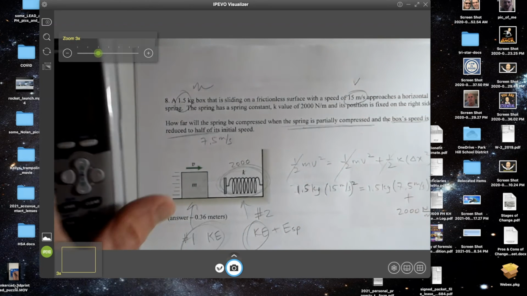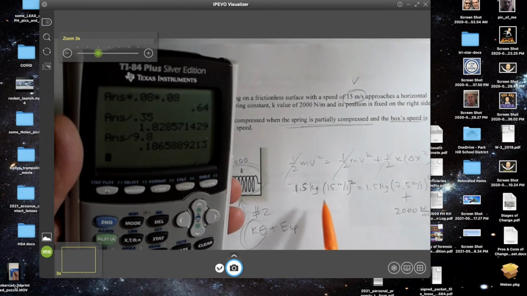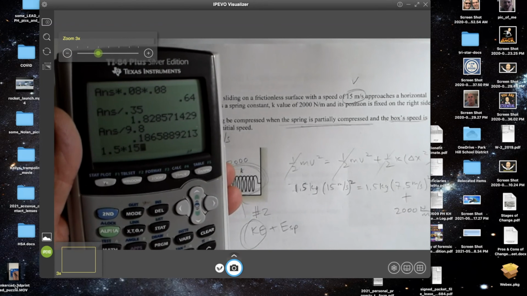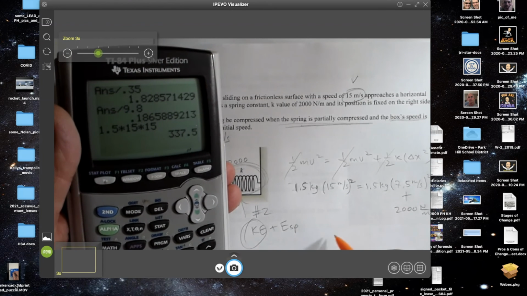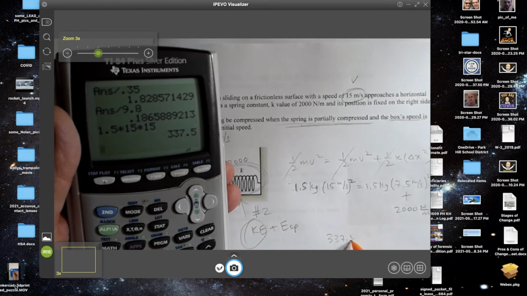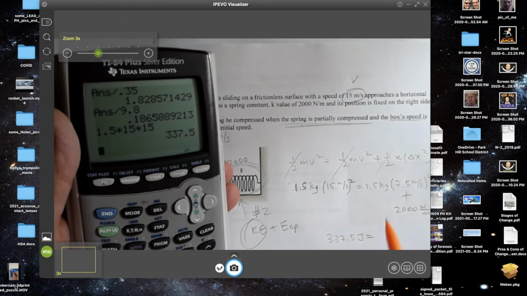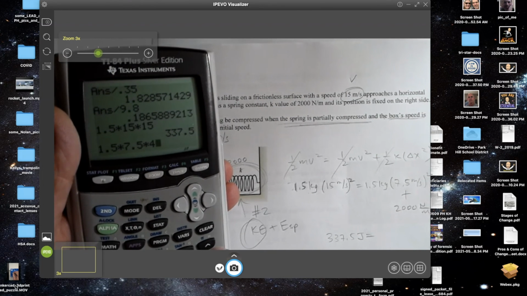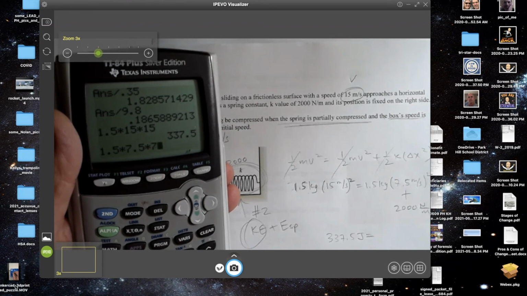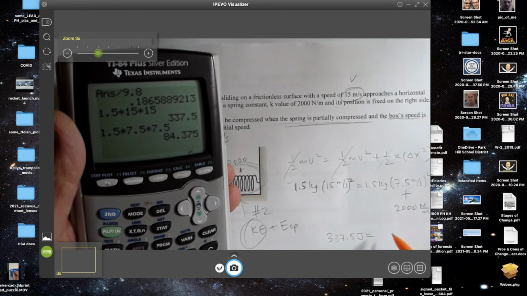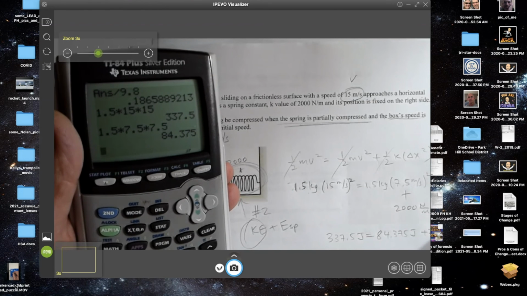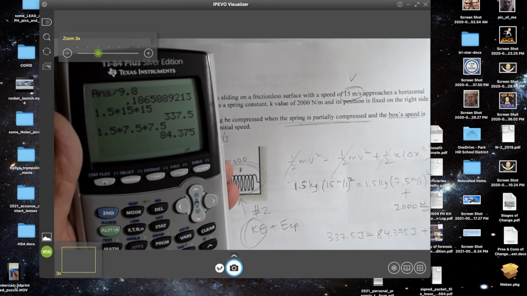All right. So on a calculator, we would take 1.5 times 15 times 15. Okay, so that's 337.5 joules. 1.5 times 7.5 squared, that's 84.375 joules, plus 2,000 times delta x squared.